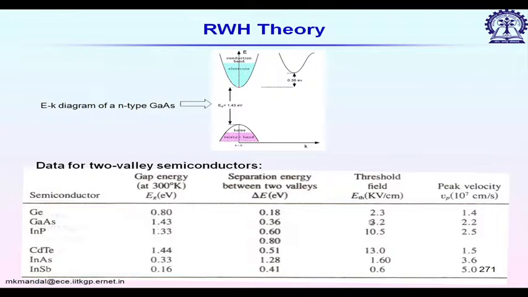Typical threshold field is 2.3 kilovolt per centimeter, and peak velocity is given as 1.4 into 10 to the power 7 centimeter per second. For gallium arsenide, these values are 1.43 and 0.36.